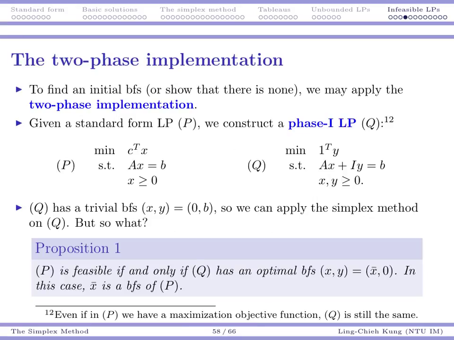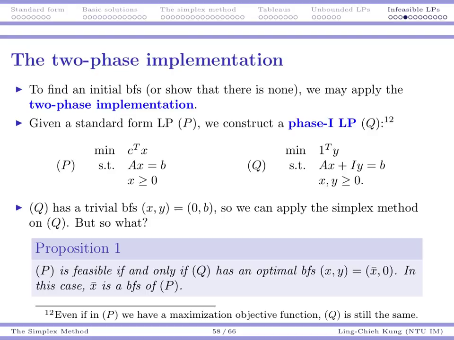So I'm going to do this. When I have a standard form linear program, I know in general that A probably does not contain an identity matrix. So I'm going to artificially add one. I'm going to create another LP which is called a phase 1 linear program, Q. I'm going to modify the constraints to give each constraint an additional artificial variable, y1, y2, y3, y4, and so on.